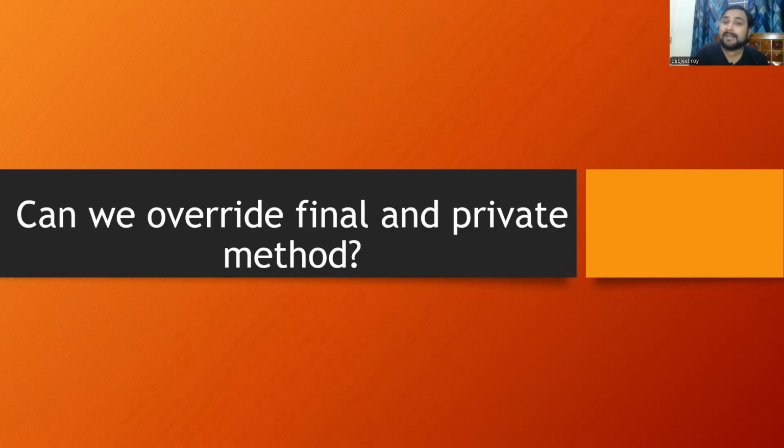We can't override private methods also, because a private method is particular to that class. If I'm trying to override, that means you're trying to access that method in a separate class, and we all know that private fields and methods are scoped to that particular class only. It's encapsulated for that class and cannot be accessed outside that class. So that's why we can't override final and private methods.